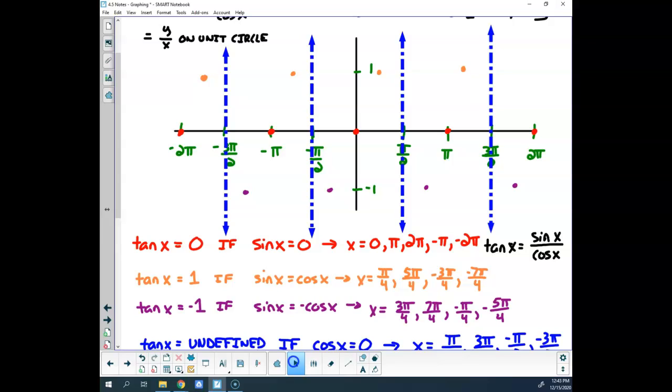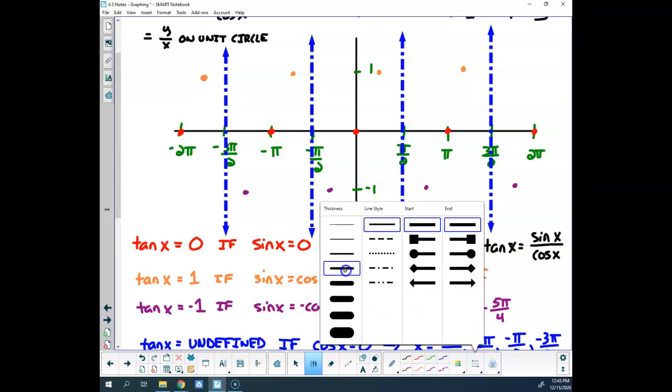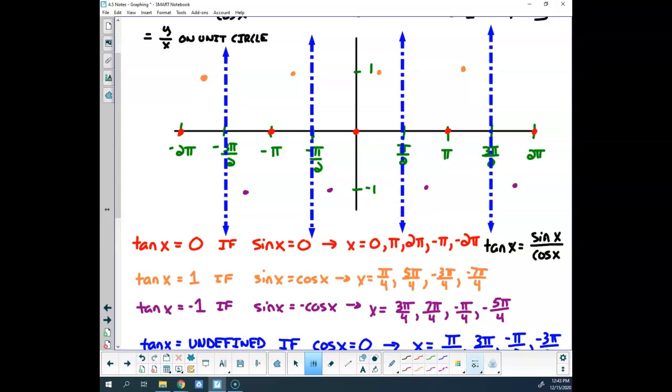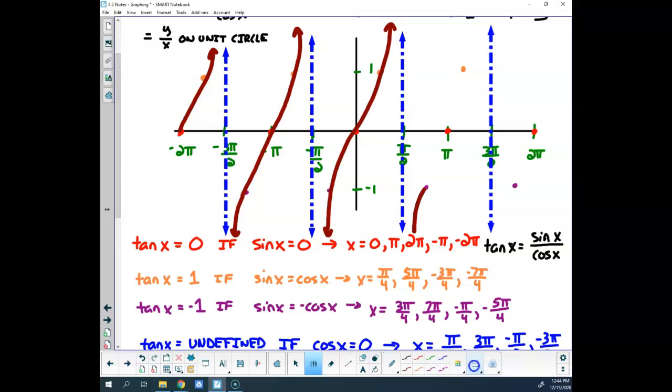That allows us then to draw in our function, our tangent function. Our tangent function is going to be like heat blowing in the wind. That was bad. That was bad. Didn't even wave that one.